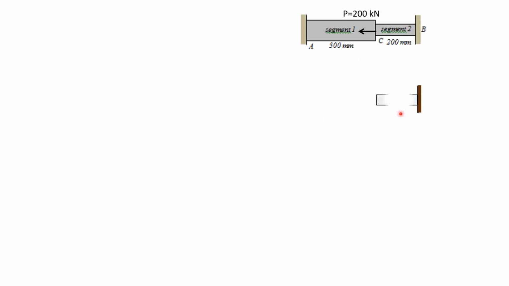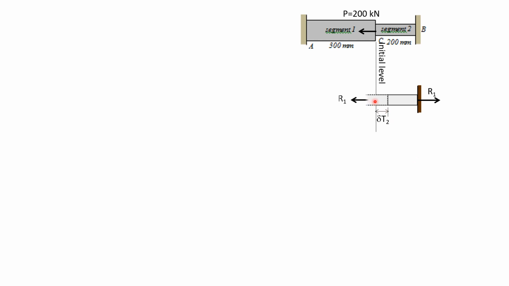So this is now the figure. Let's consider the temperature to drop so that segment 2 will be in tension. The reaction there will be in tension, so I'll call that R1. This is also R1 here. Because the temperature drops from this position, it contracts. So this is delta T2.